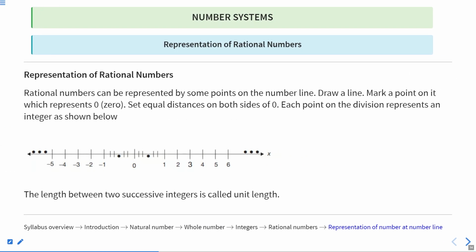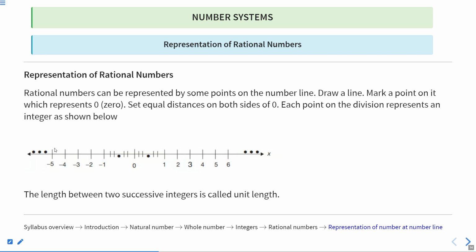Now let us see how to represent rational numbers on the number line. Rational numbers can be represented by some points on the number line. First of all, draw a line and mark a point which represents 0. Set equal distances on both sides of 0, and each division point represents an integer, as shown below.